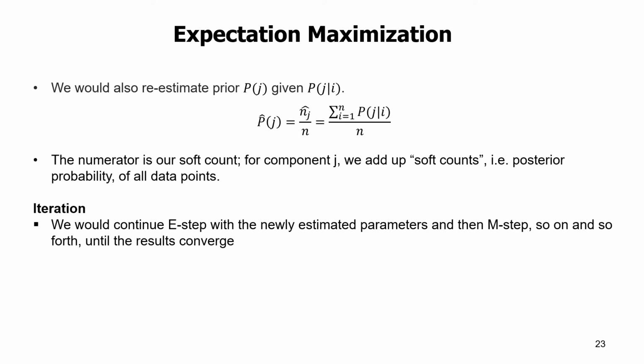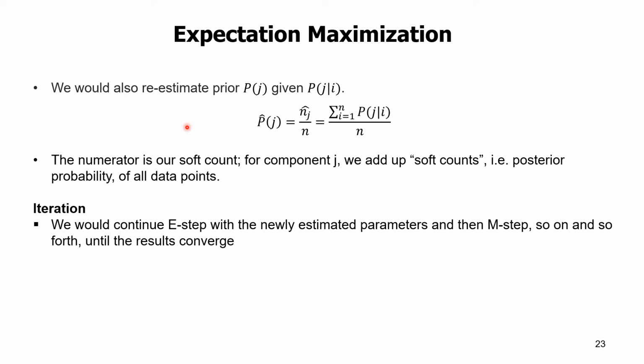In the M step, we re-estimated the mean and variance of the Gaussian. Actually, there are some other parameters, the mixture weights of the Gaussians. So another part of the M step is to re-estimate the mixture weight, or prior probability, of the Gaussians. Sometimes these mixture weights are predetermined, like uniform probabilities.